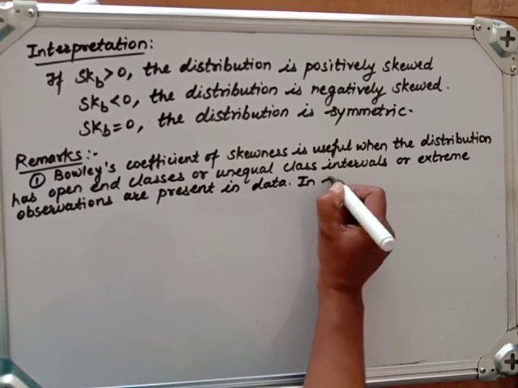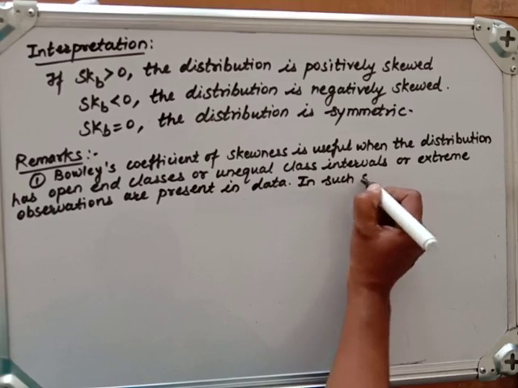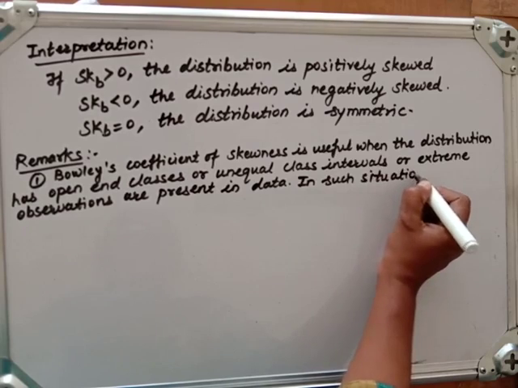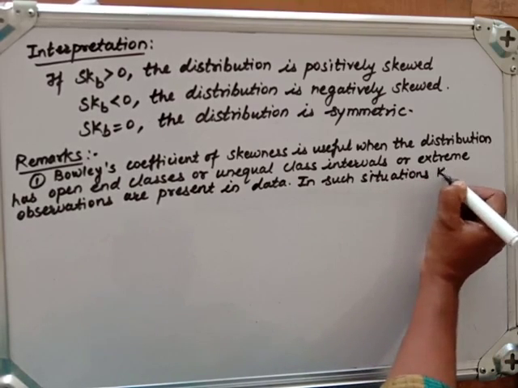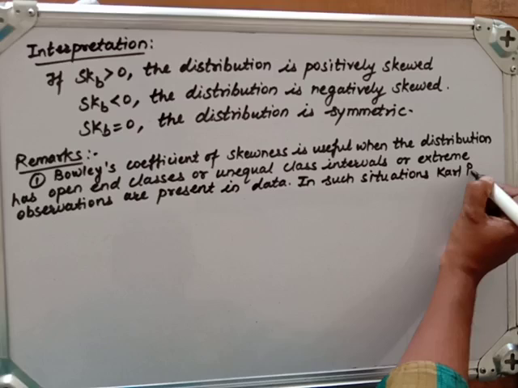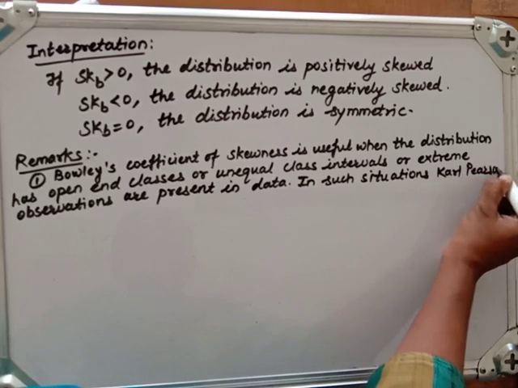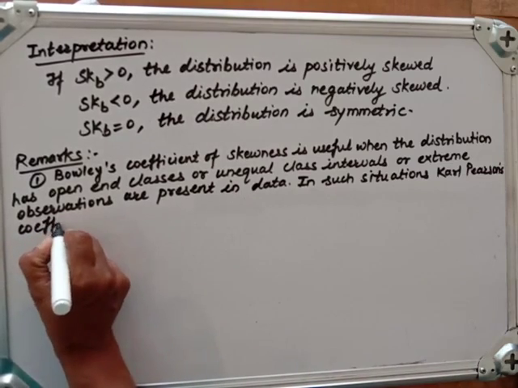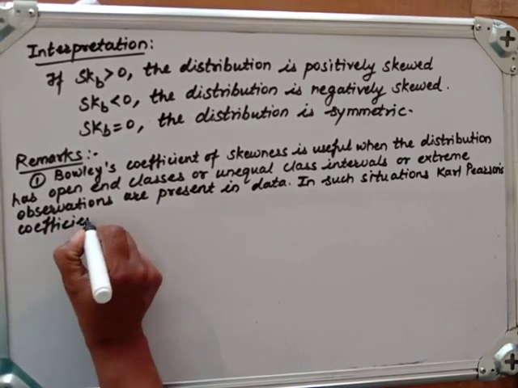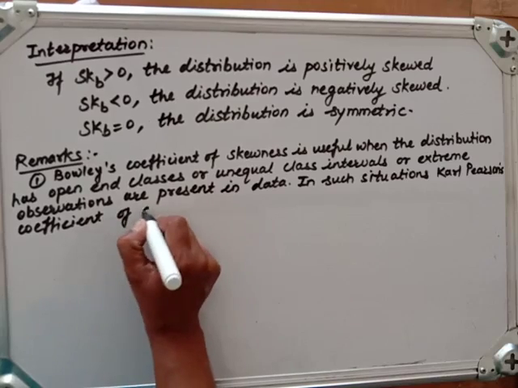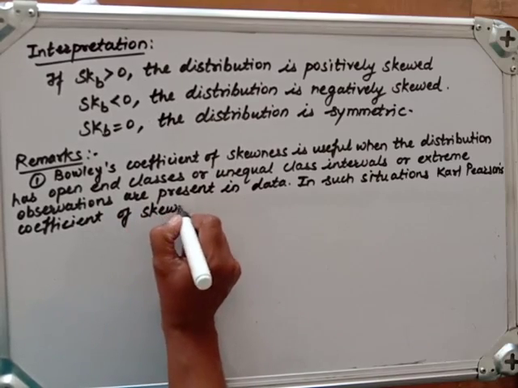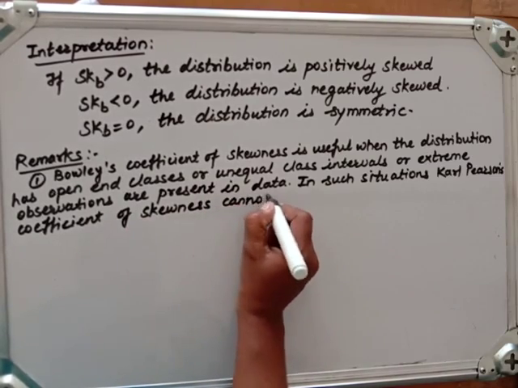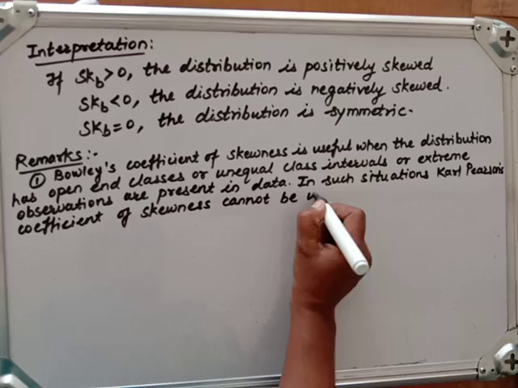In such situations, Karl Pearson's coefficient of skewness cannot be used.